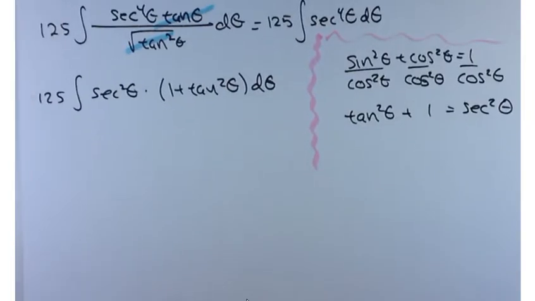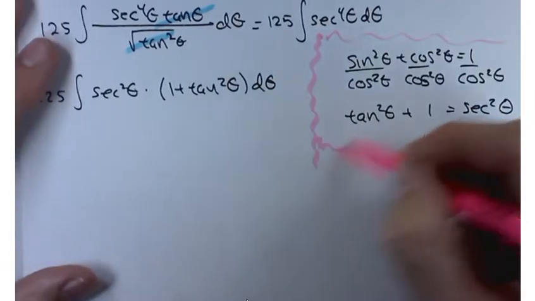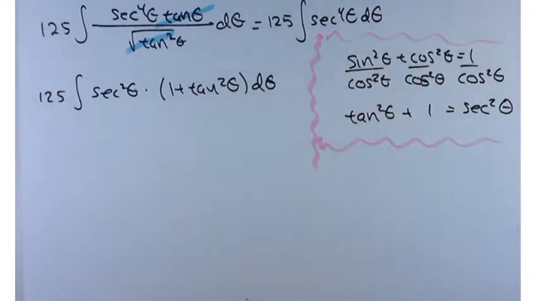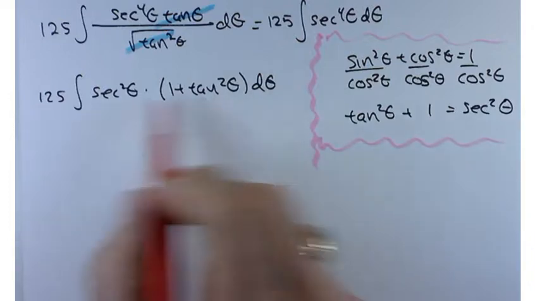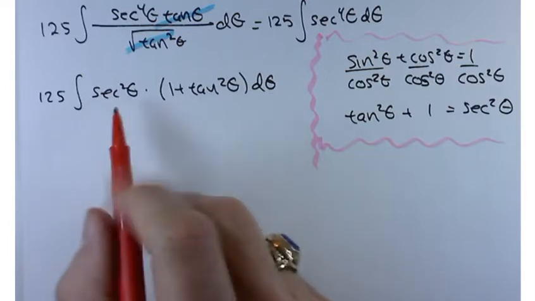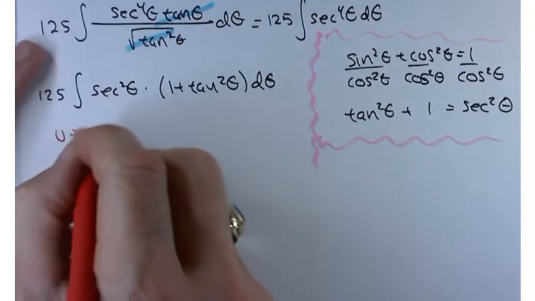Looking better. Now what? Use substitution. Basically what we did here is we split off our u substitution, our du term. Because if u equals the tangent of theta, what's du going to equal?